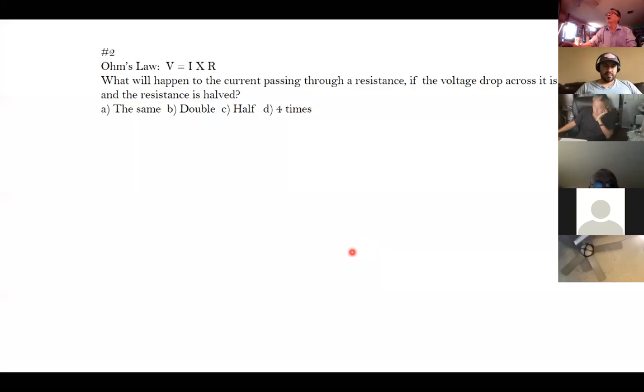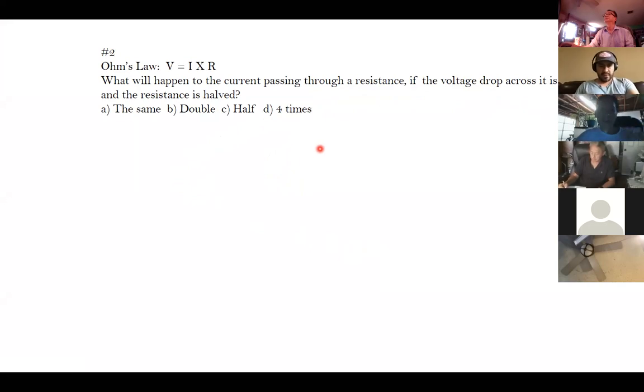Okay, Ohm's law, V equals I times R. What will happen to the current passing through a resistor if the voltage drop across it is doubled and the resistance is halved? A, B, C, or D?